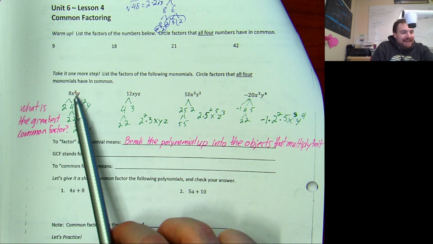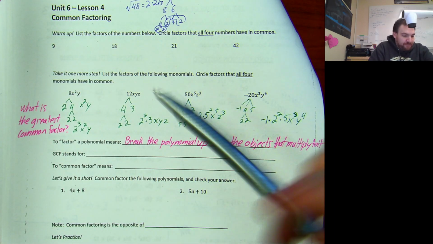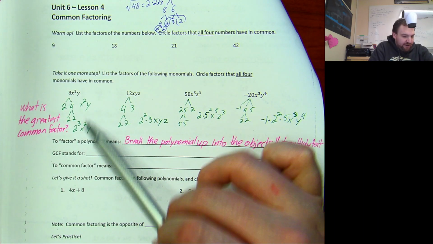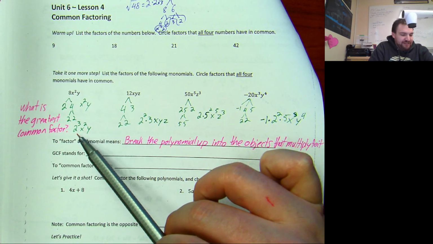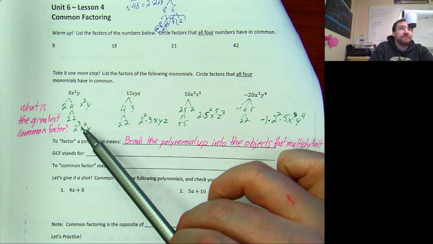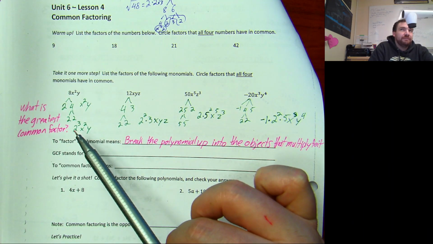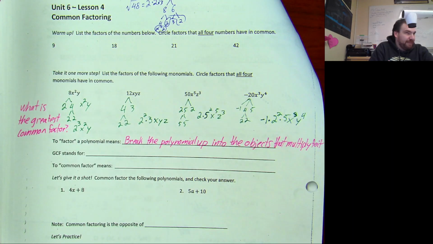If I want to break 8x squared y into its prime factors, 8x squared y is the same thing as 2 cubed times x squared times y. So I've broken this up into the objects, in this case numbers and letters, that multiply back together to give you what we started with.